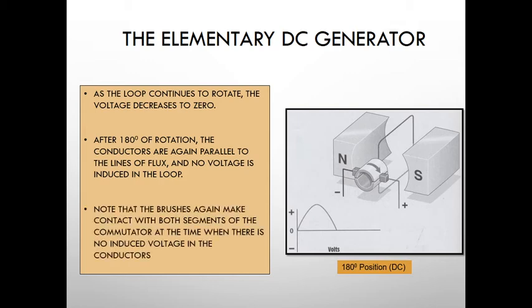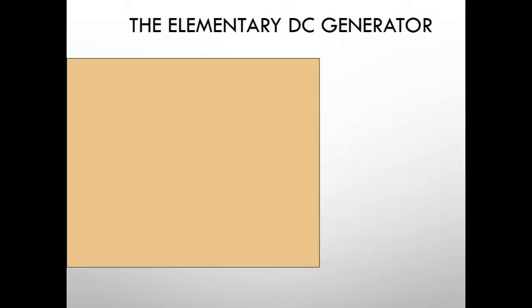So, note that the brushes again make contact with both segments of the commutator at the time when there is no induced voltage in the conductor. Nothing is generated at 180.